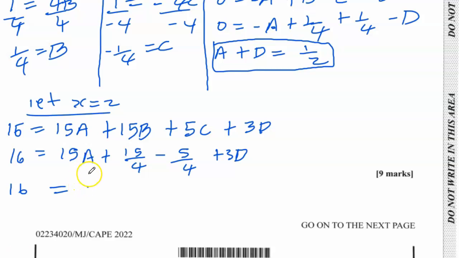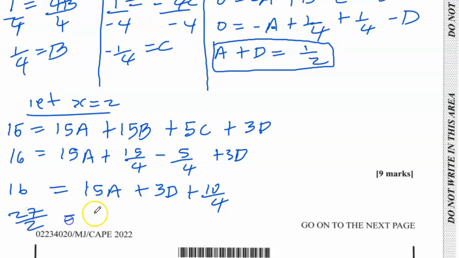So I'll have 15a plus 3d, and 15 over 4 minus 5 over 4, that's positive 10 quarters. And we can subtract 10 quarters from both sides. So we end up with 16 minus 10 over 4. You can use a calculator for that. That's 27 over 2. So 27 over 2 equals 15a plus 3d.